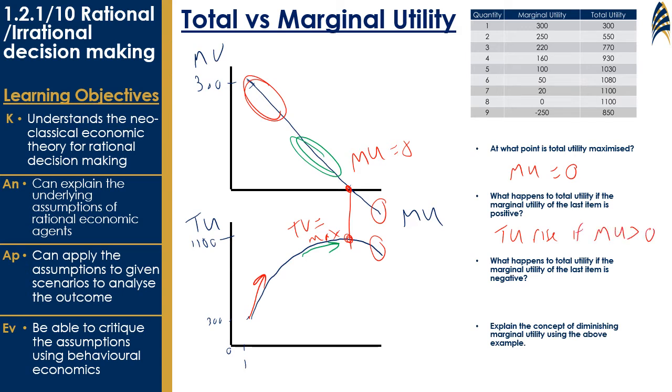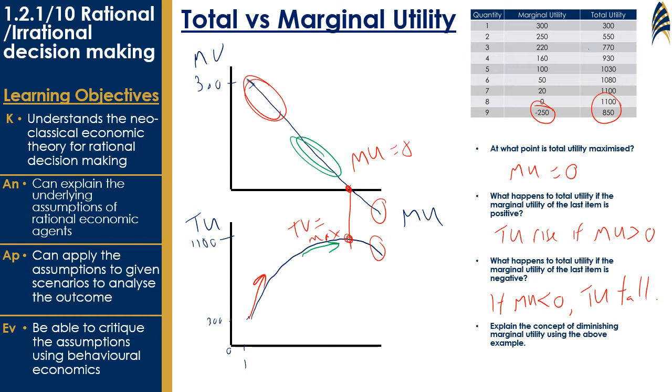All of these units here, the marginal is positive, so it keeps rising. What happens to total utility if the marginal utility of the last item is negative? That's this one here. So the total falls. If marginal utility is less than 0, total utility will fall.